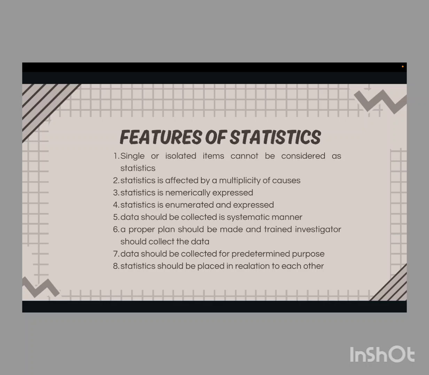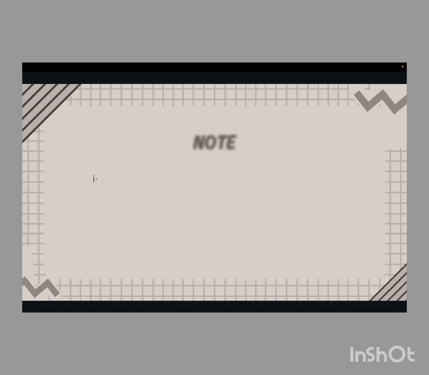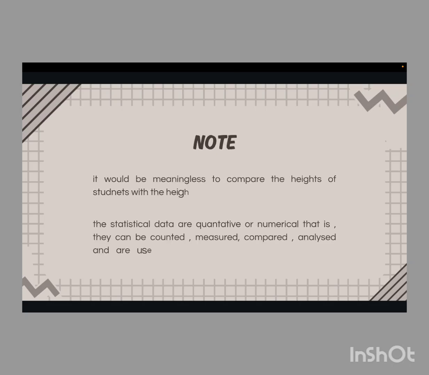You can't compare the average age of people with the average height of trees. It should be meaningless to compare the heights of students with the heights of trees, as I just mentioned before.